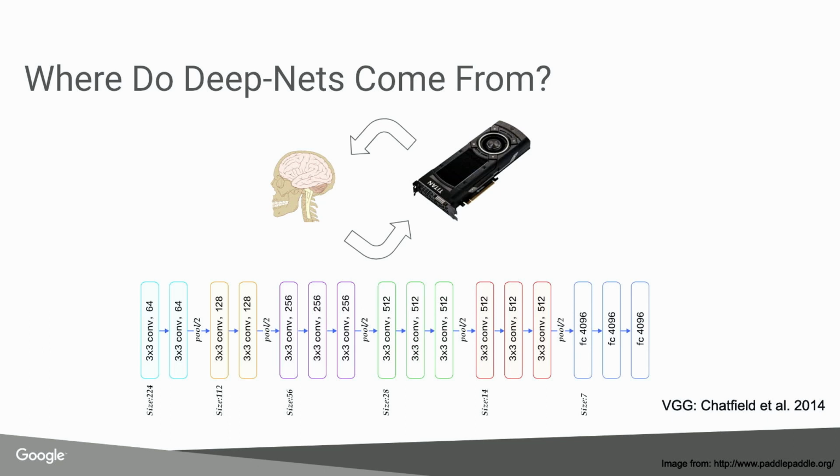They come from this complex interaction between a human brain of a researcher or engineer with an accelerator, a GPU, that with many rounds of interaction and back and forth and intuition and trial and error comes up with some architecture which is good for some time.